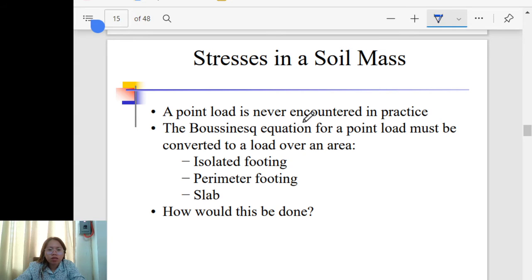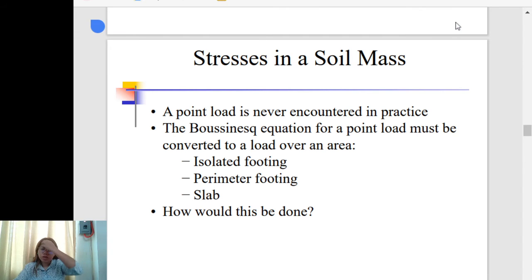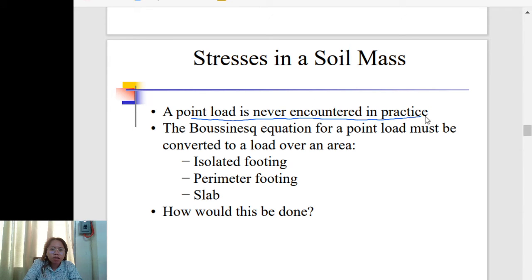For the continuation, a point load is never encountered in practice, but the example is actually a point load. So, the Boussinesq equation for a point load must be converted to a load over an area, because, as stated here, point load is never encountered in practice.